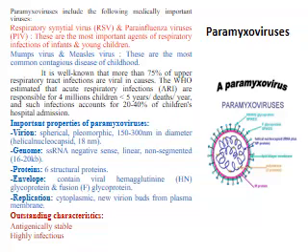We have the respiratory syncytial virus and parainfluenza viruses. These are the most common important agents of respiratory infection in infants and young children. Besides that, we have the mumps and measles viruses, and these are the most common contagious diseases of childhood.